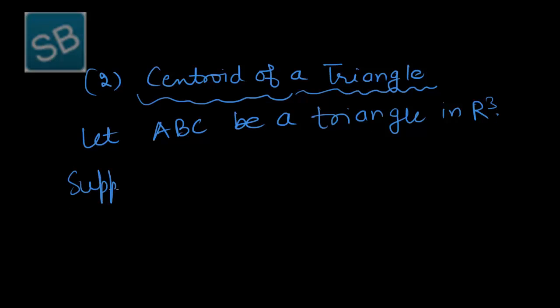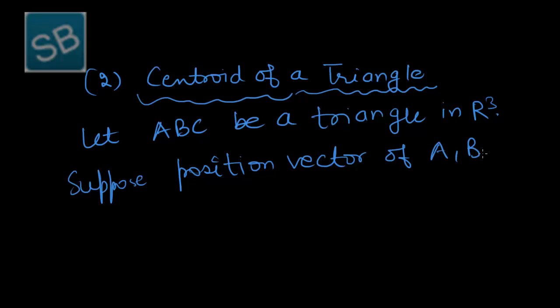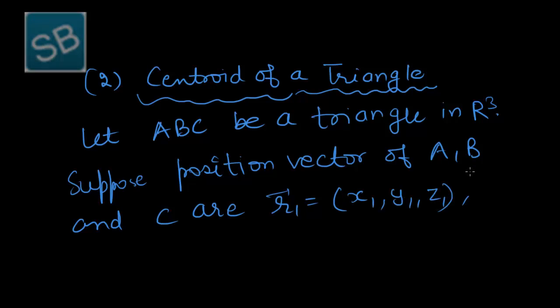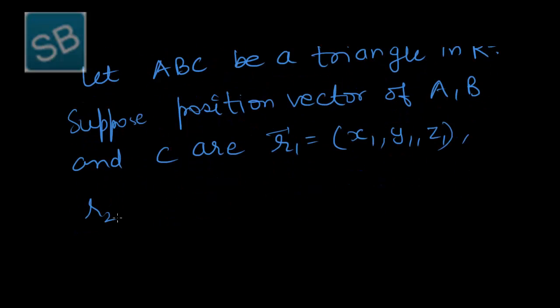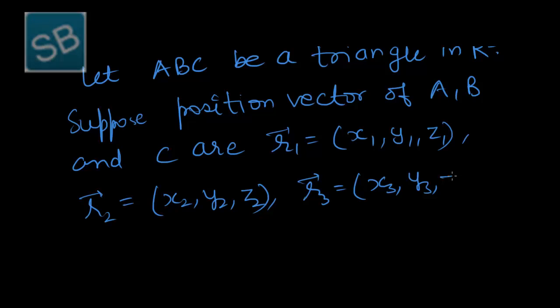Suppose the position vectors of A, B and C are vector R1 with components x1, y1 and z1, vector R2 with components x2, y2, z2 and vector R3 with components x3, y3, z3 respectively.